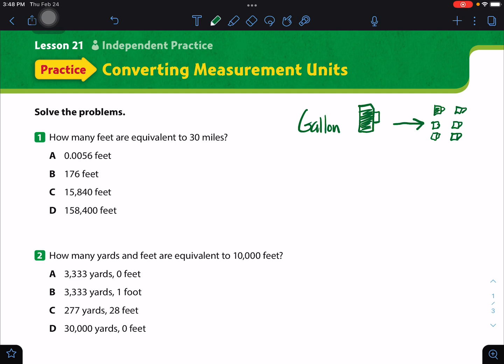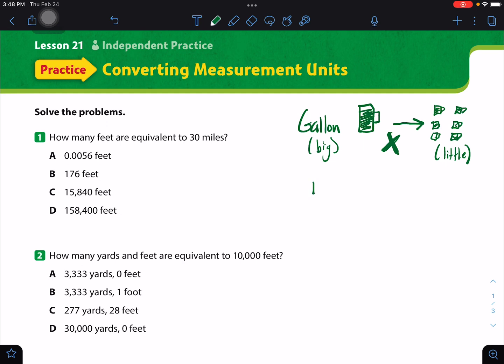So when I go from a big measurement down to a little measurement, I need a lot more of the little measurement, so I'm looking to multiply.